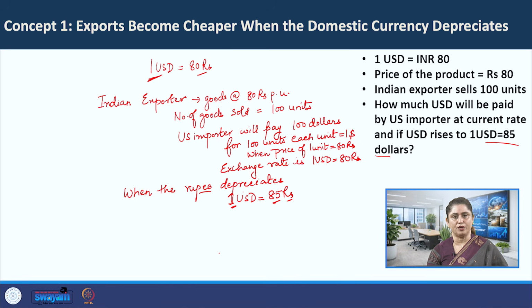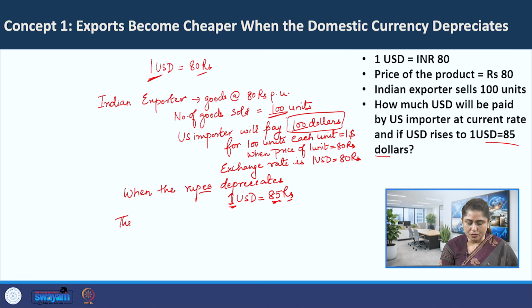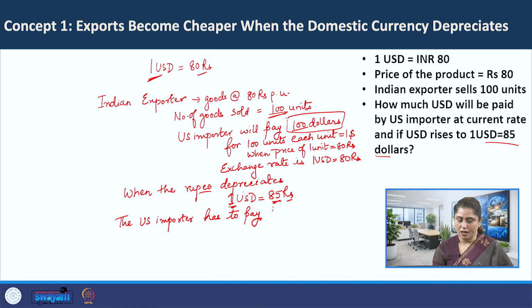Then how much is the importer going to pay? That is the question. Now, the US importer has to pay how many rupees? 80 rupees, which is the price of the product, into 100, which is the number of units he is buying.